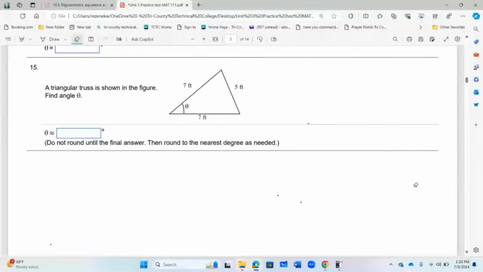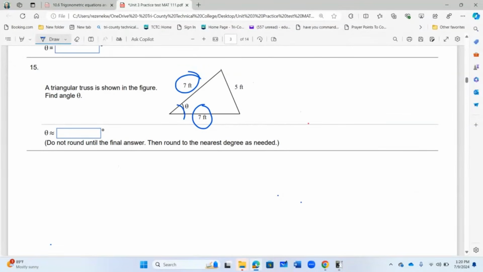By the way, I want you to notice that the triangle is actually an isosceles triangle. It's not a right triangle, but it's isosceles. So if I can get this angle, I actually know all the angles. Do you notice that 2 sides of that triangle are equal? So the only thing I need to find is angle theta.